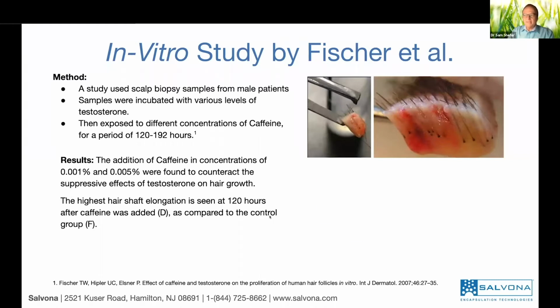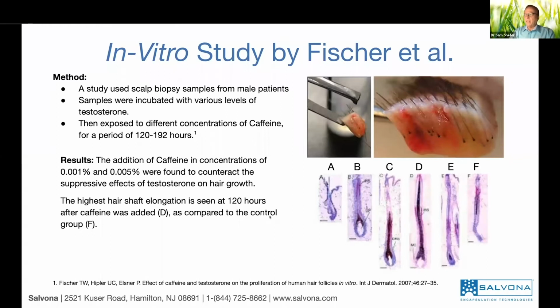You can see it here in these pictures, A, B, C, D, E, and F. For example, in B you see a very nice follicle that is characteristic of anagen.